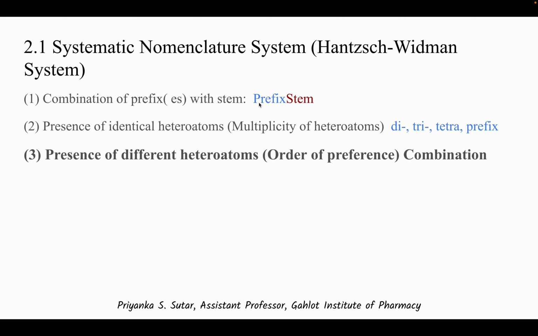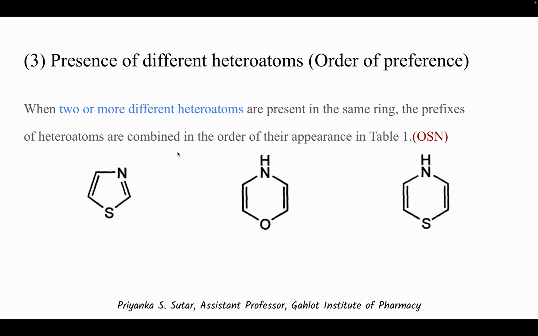Now what if there are multiple heteroatoms but the heteroatoms are different? In rule number 2, the heteroatoms were identical: two nitrogen, or two oxygen. So what if there are 2 or 3 heteroatoms which are different? Here the order of preference combination rule is used.